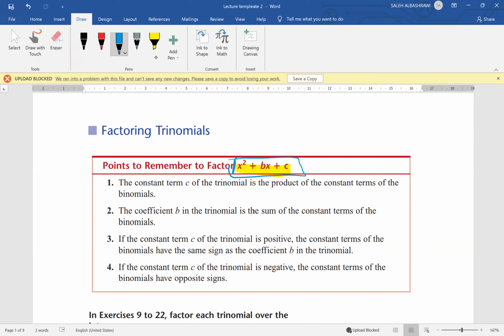The first point that we need to remember is that the constant c given in the trinomial is the product of the constant terms of the binomials, which means that we are going to write this trinomial as a product of two binomials.